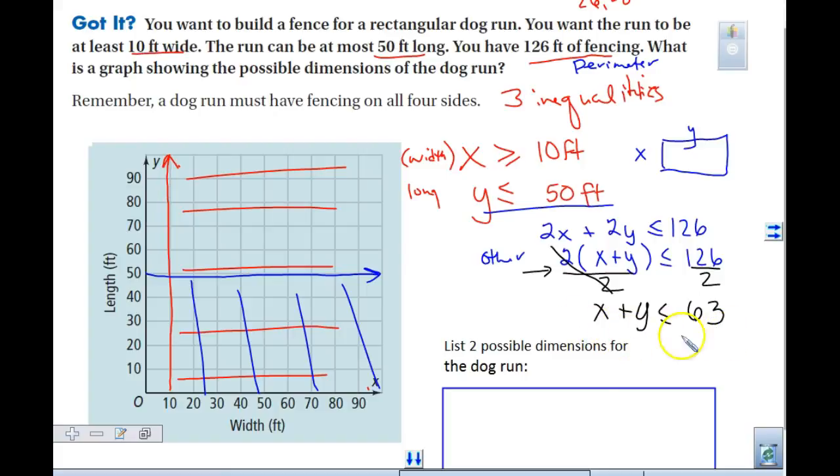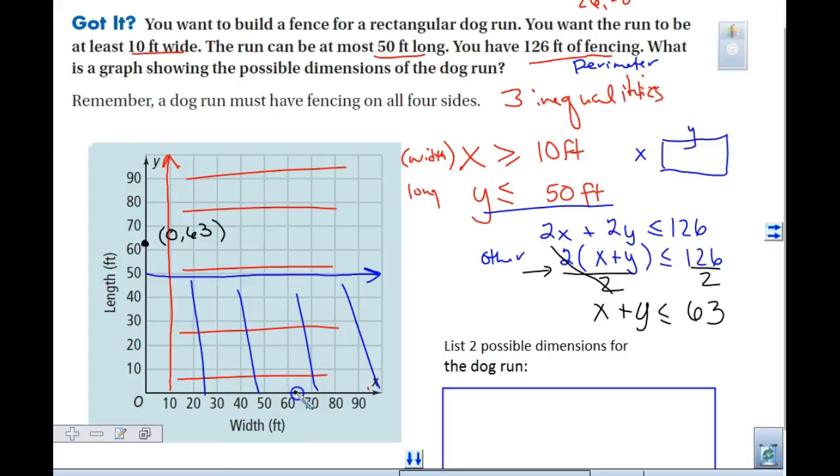What form is this equation in, if I'm just looking at this equation before I rewrite it? Standard form. In standard form, if x is 0, where is y going to be? If x is 0, this point is going to be at 63, right? What about if y is 0? Where's my x going to be?